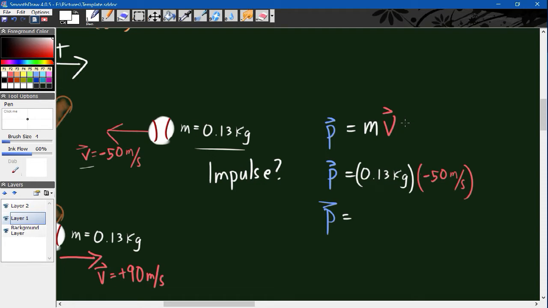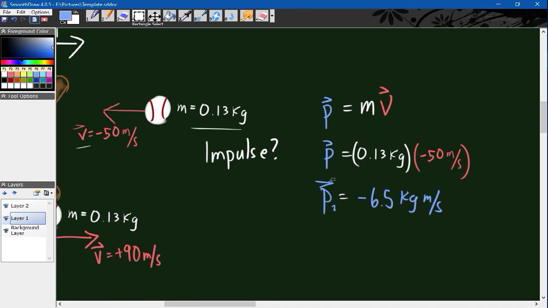The object's initial momentum, after multiplying them together, we get negative 6.5 kilogram meters per second.